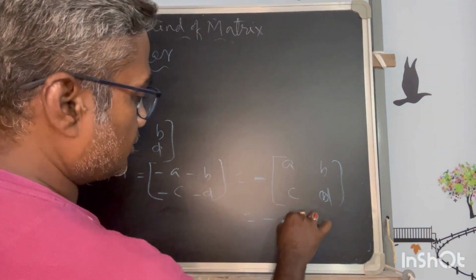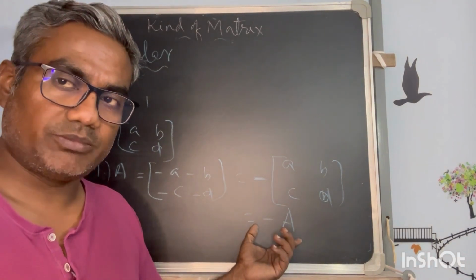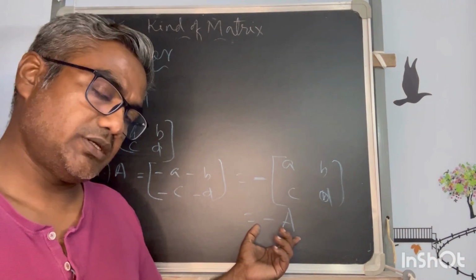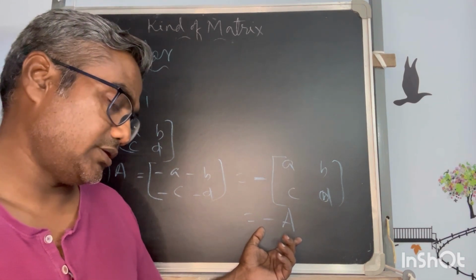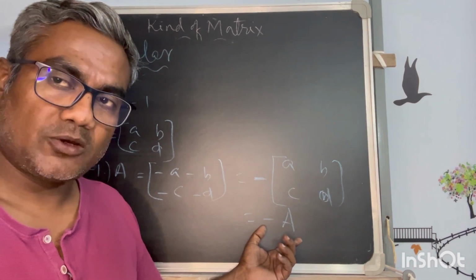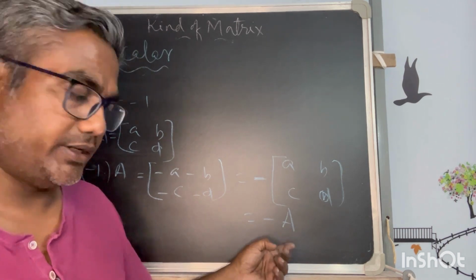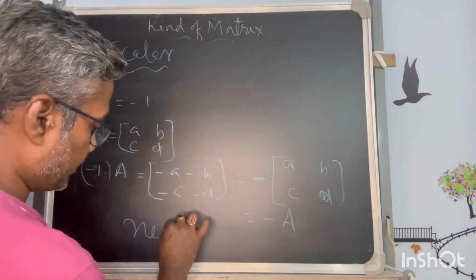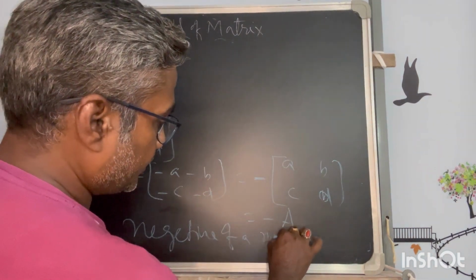So this is called the negative of the matrix, not the negative matrix. This is the correct representation of a matrix when we call it the negative of a matrix.